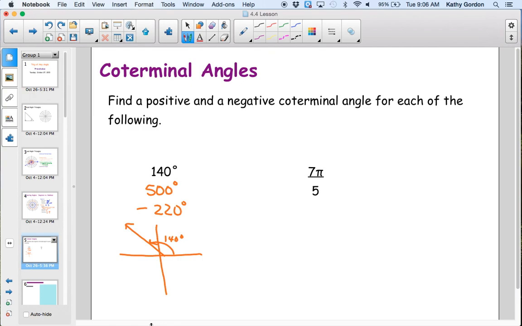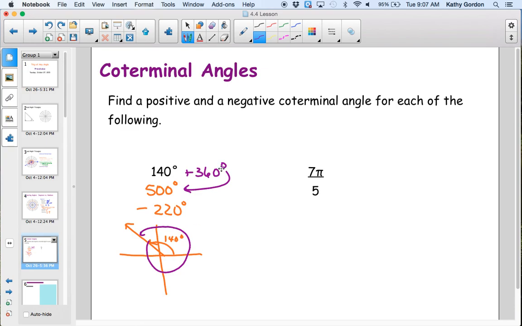So if I need another angle that ends up in that same place, one way to get there is to keep going this way around the circle until I come back to it again. Well, how many degrees did I just rotate through? 360, right? I just went all the way around the circle one more time. So if I take my 140 and add 360, then that gets me the 500 answer.